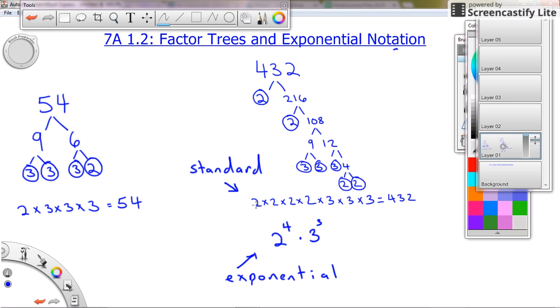So if they ask for standard, you've got to put it in this form here with all your multiplication signs. And if they ask for exponential, you can go ahead and do it like this. And just so you can see, the exponential notation for this here is going to be 2, just 2 to the 1st, I don't need to put an exponent, times 3 to the 3rd. So standard, exponential. All right, I hope that helps.